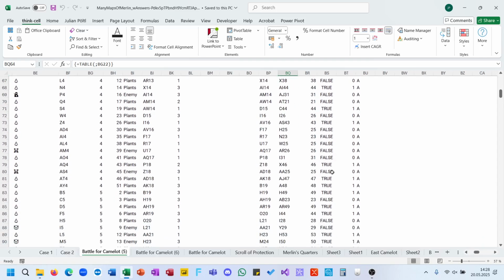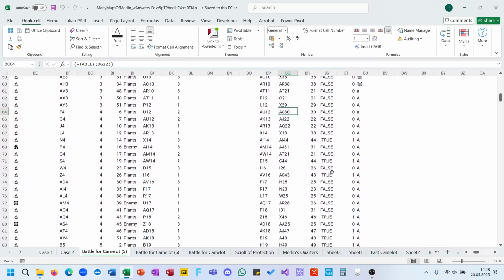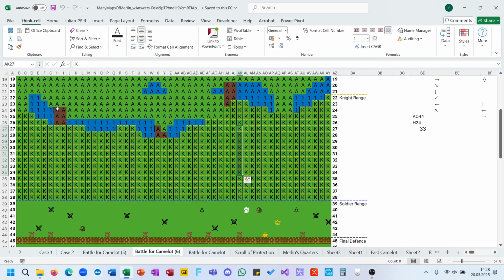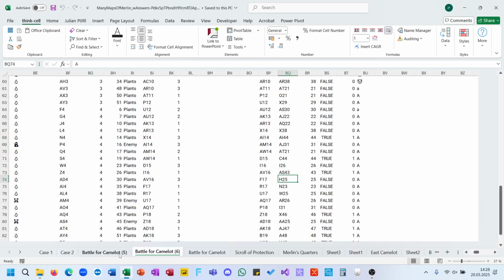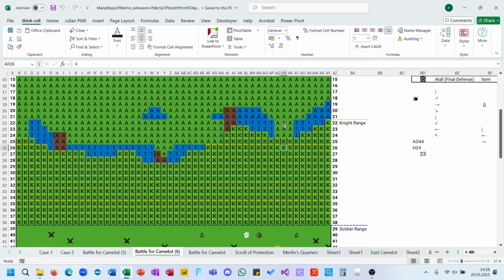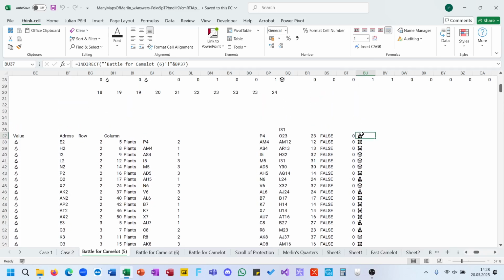But A. Only A. No. This can't be. H25 is archer, okay. But something like AR26 should be knight. And it isn't knight. Ah yes, because I'm an idiot and I've used the start cell, not the ending cell. Oh boy.